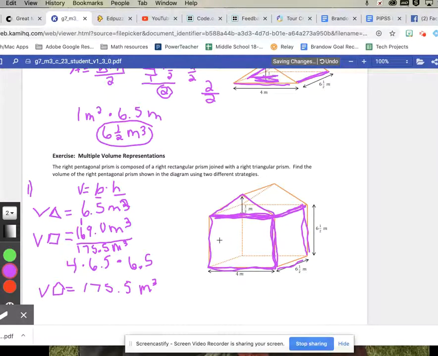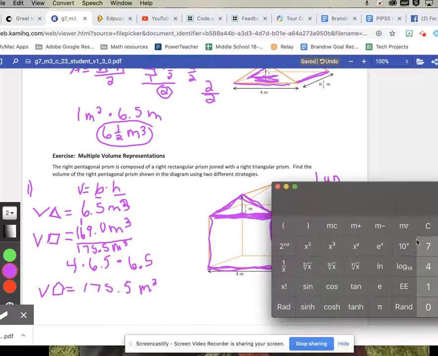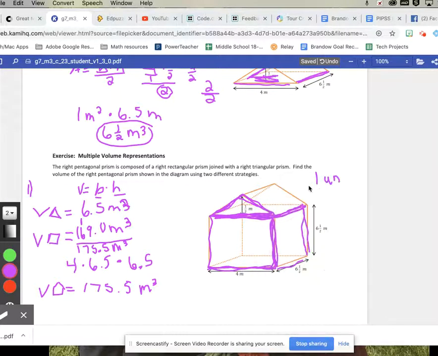Another way that you can do this is to find the area of both of these flat pieces. So this triangle flat, the base, which was 4 times the 1/2 divided by 2, which again we said earlier was 1 unit. And then this, which was 4 by 6.5. So let me try that. 4 times 6.5 is 26.